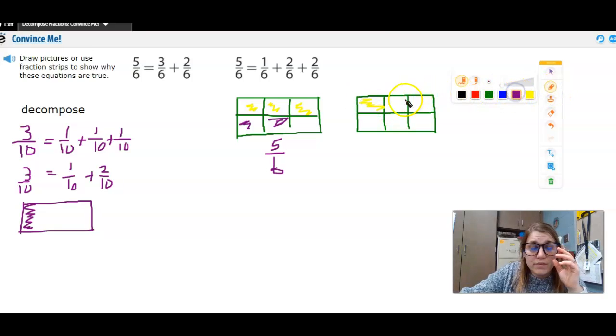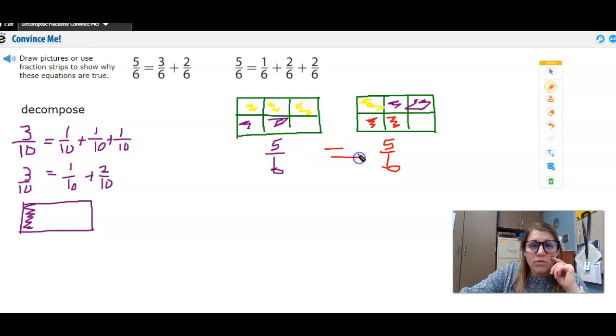I have 2/6. 1, 2. And then I have, let's do red, another 2/6. So if I look at that, 1, 2, 3, 4, 5. It also equals 5/6. So those are the same. I decomposed 5/6 in 2 different ways. Isn't that interesting?